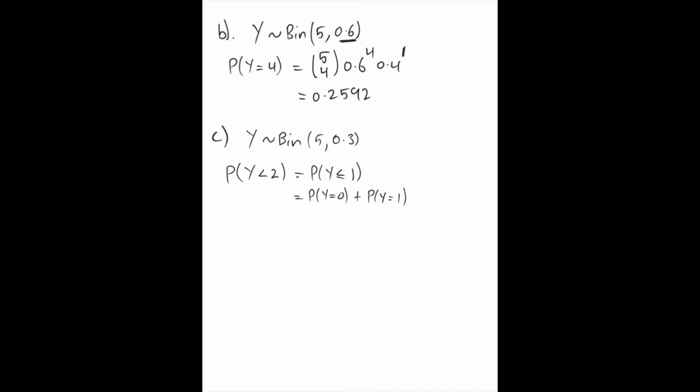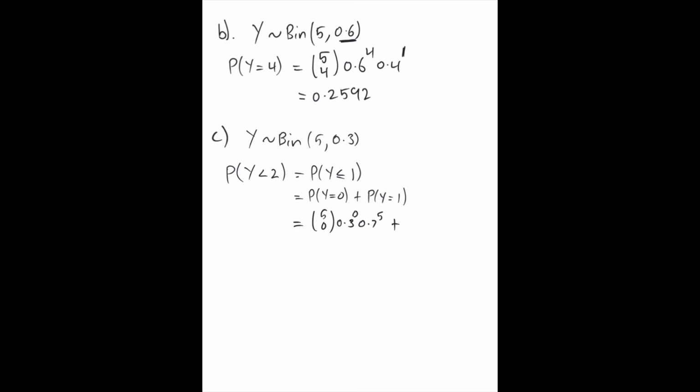So now we can find those 2 probabilities. We can write them out using the definition of the PMF, right? So for 0 successes, we have 5 trials, 0 successes, 0.3 to the power of 0. And then the probability of failure now is 0.7 to the power of 5.